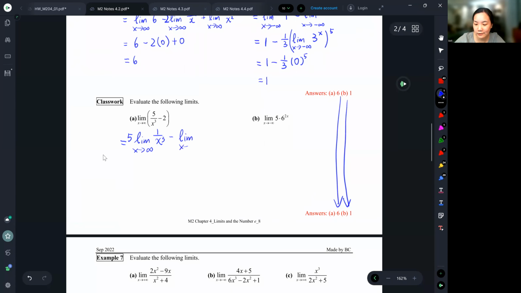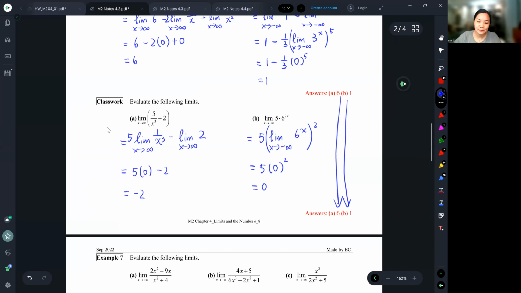For the second one, you take out 5, and this is negative infinity, okay? But this time it's 6 to the power x and then squared, okay? And then you get 5 times 0 squared, you get 0.